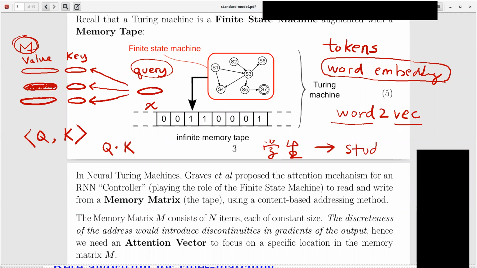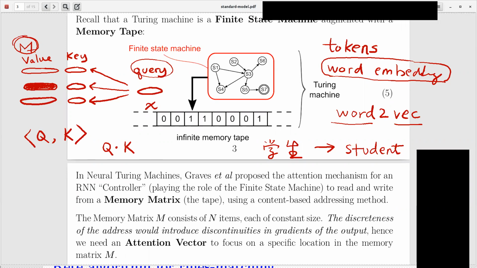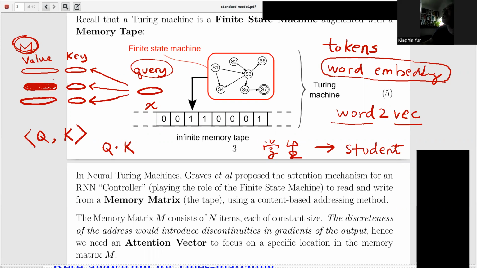Yeah. So 学生 is the query, and the English word student is in the value. You look up something and it will return the value, which would be the English translation. So in this case, 学生 is a key, student is value, right? I think so, but if it's just one step. Sometimes it's many steps, right? You gave us a translation scenario.